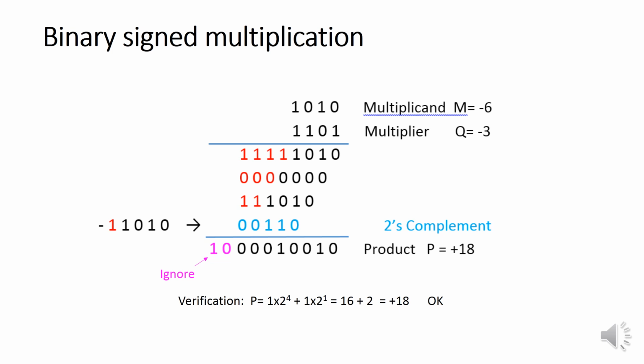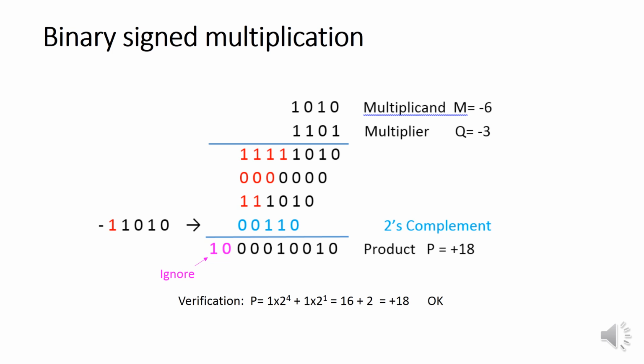As a consequence, instead of adding the last partial product, we need to subtract it. This is the change that we have to make. As you know, the subtraction is equivalent to adding the 2's complement, which is what we are doing here. This is the 2's complement of this.